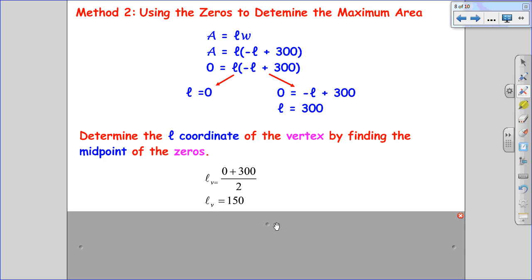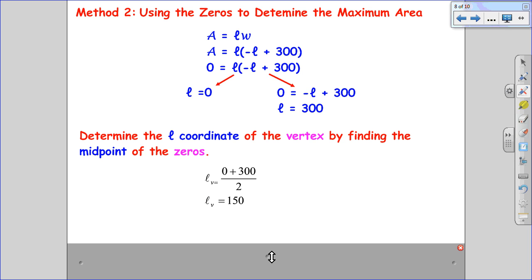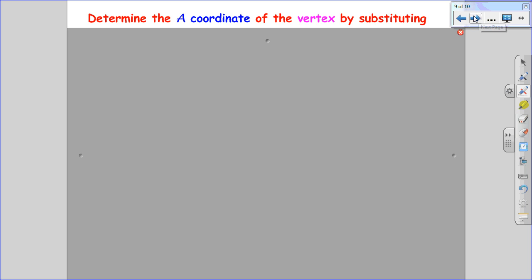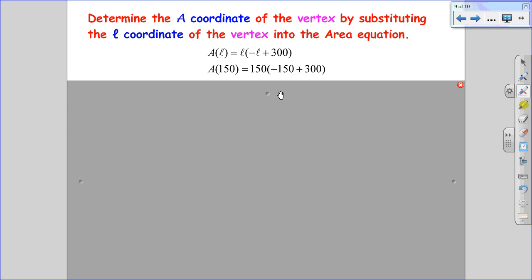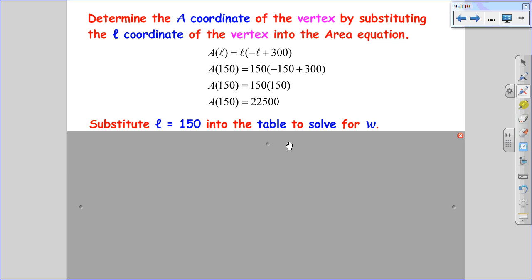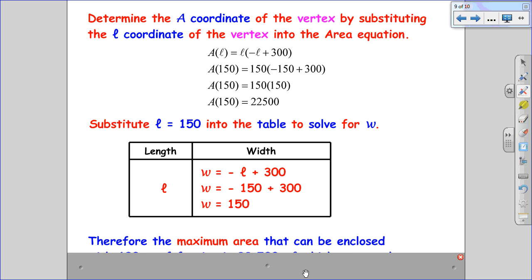And I get the length of the vertex is 150 meters. That makes sense. We already found that. Now, how can I find the width? Width is negative L plus 300. I can go back to the table and substitute it in. And how can I find the area? I can substitute into the original equation. And lo and behold, I still get 22,500 as my answer.